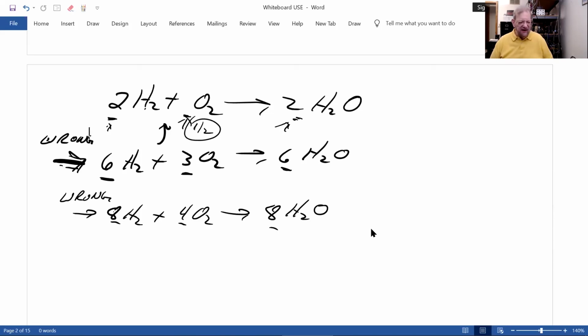And notice if you divide each one of these by 4, that will bring you up to here. And that's the convention chemists use. And that's why I would mark the bottom 2 wrong and the top 1 correct, even though each of those has the same number and same type of atoms on each side of the arrow.